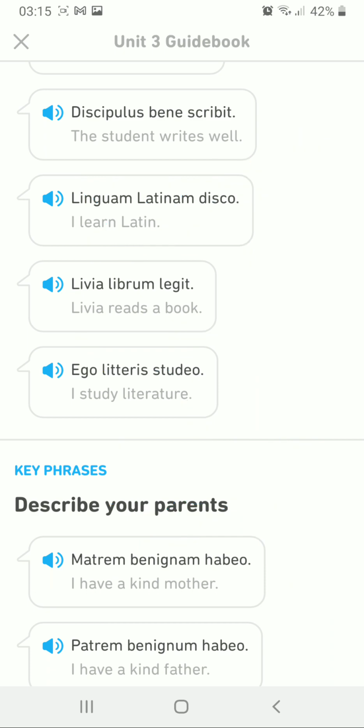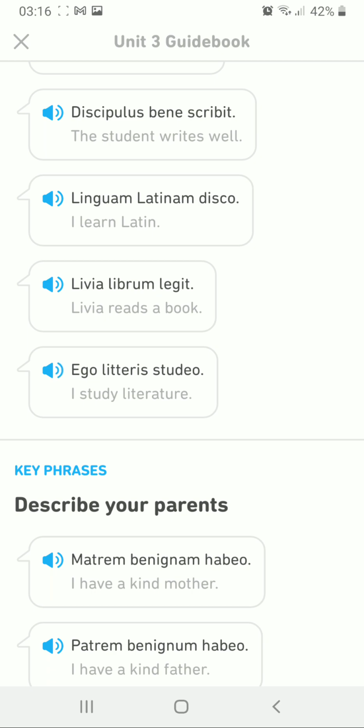And because it's the object, we have to put it not in the nominative, but in the accusative form. So that's why it becomes librum. Livia legit librum. Okay, moving on.